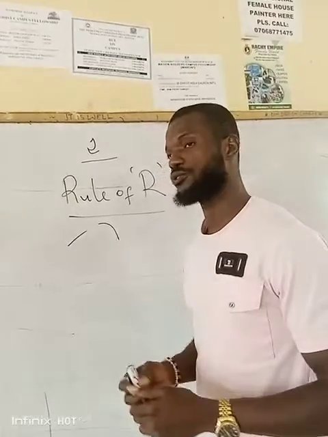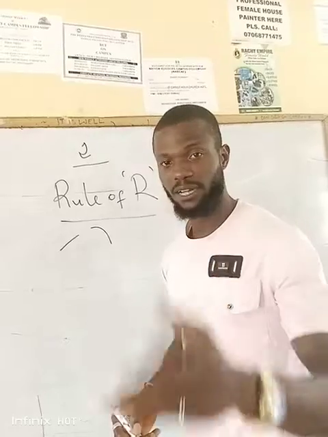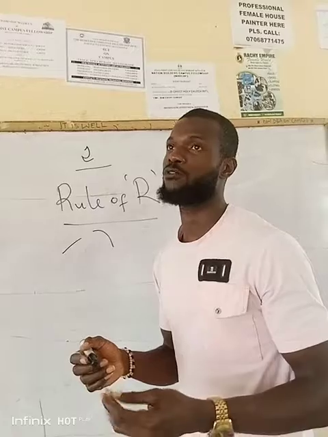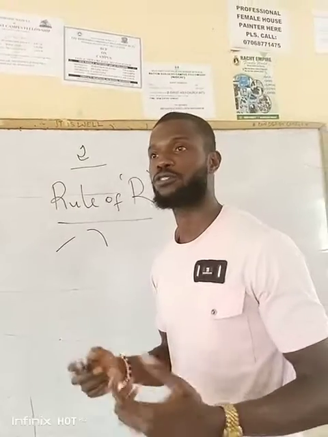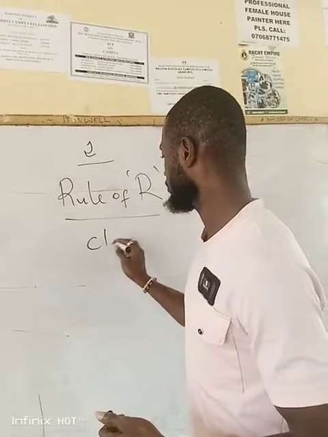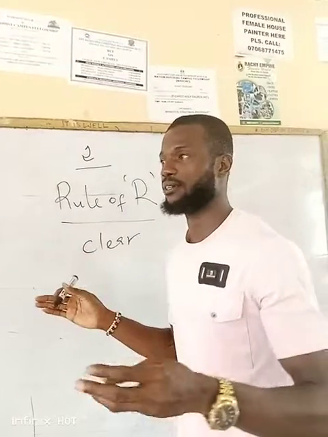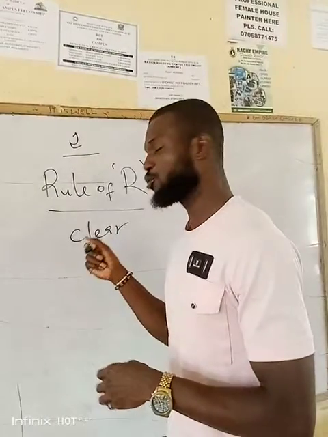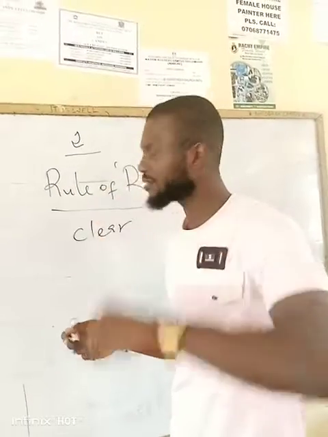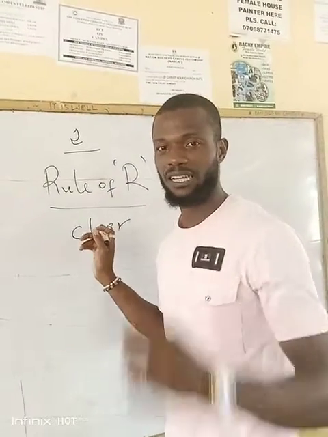Now these are the strokes. And in a word, R must be identified. For example, some persons want to say road, or if you want to pronounce something like this. This word is called clear. Clear. Now, if you watch this word very well, you are indirectly pronouncing R. Clear.